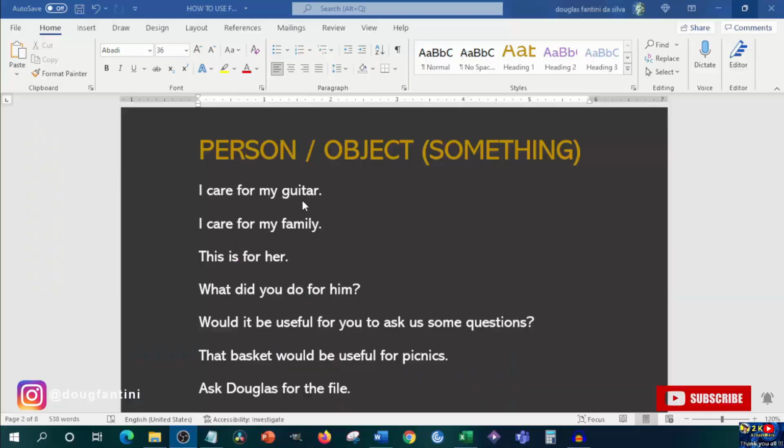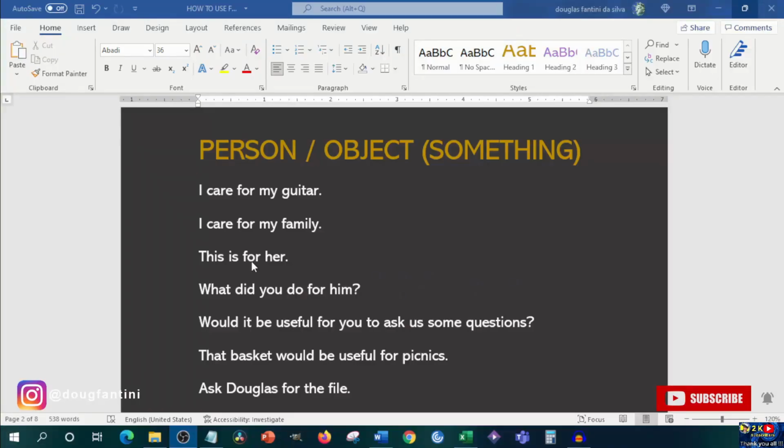In this case, I put this object or person after the word for. I care for my family. In this sentence, this is for her. So I bought a present, for example, and I will give this present to someone, and this someone is after the word for here in the example. So this is for her.